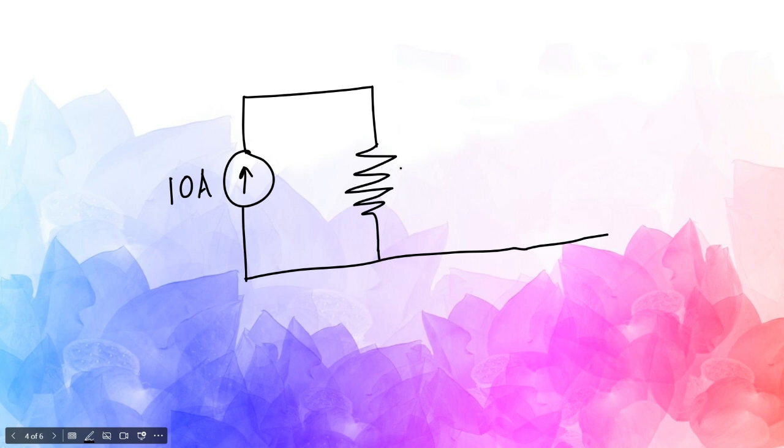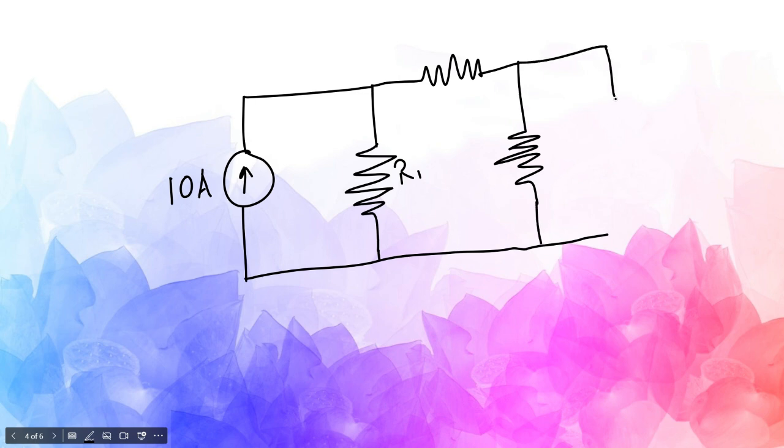So this is R1, this is R2, this is R3, and here it is R4.